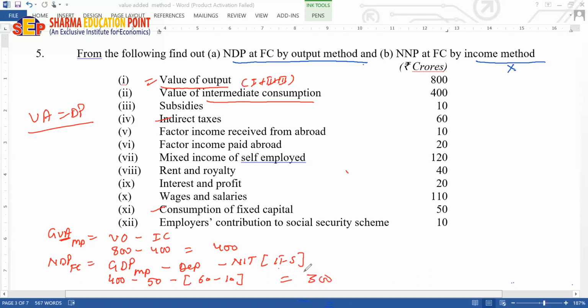So 300 is your answer. And you are saying another answer, because what you were telling me was 290. But sir, the NIT formula was applied wrongly, it got reversed. It doesn't matter to me, it's your fault, you have to accept that.